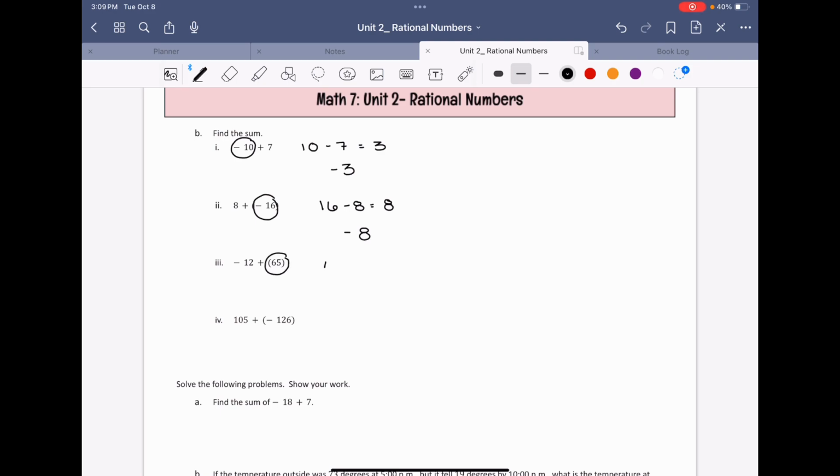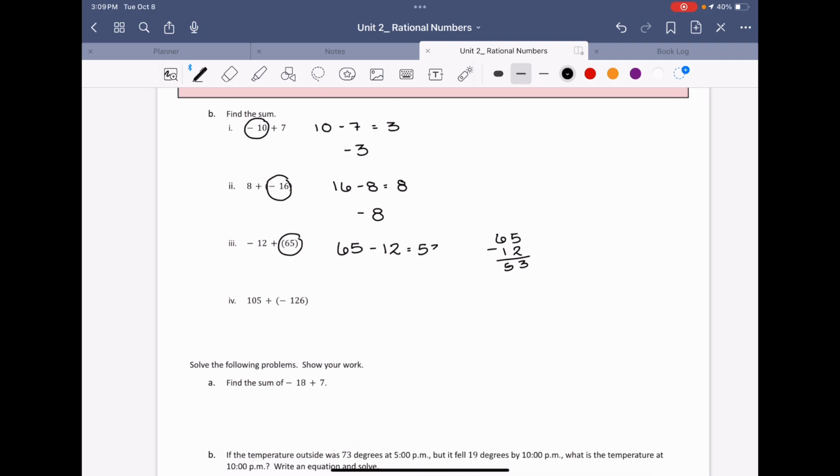65 is my larger number, so I'm going to do 65 minus 12. If you need to, off to the side, you can set this up vertically instead. So 65 minus 12 is 53.